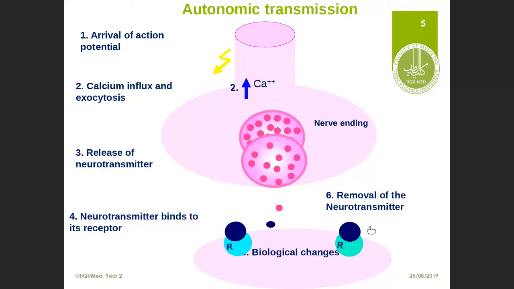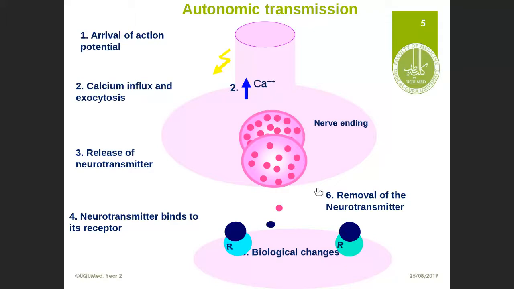If you compare autonomic transmission in the parasympathetic system with the sympathetic system, you will see some differences. What are those differences? If you refresh your memory, in the sympathetic nervous system, when there is an impulse, some of the norepinephrine, after producing its effects, is taken back into the presynaptic nerves.